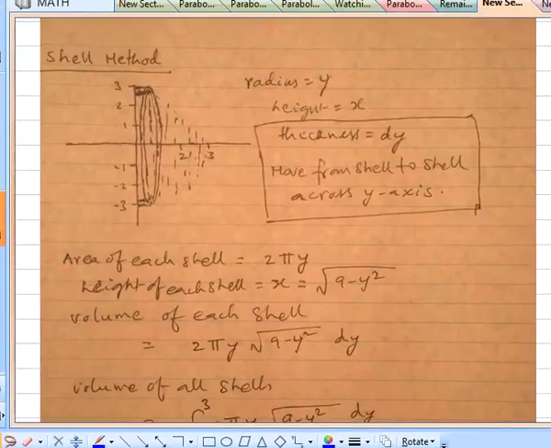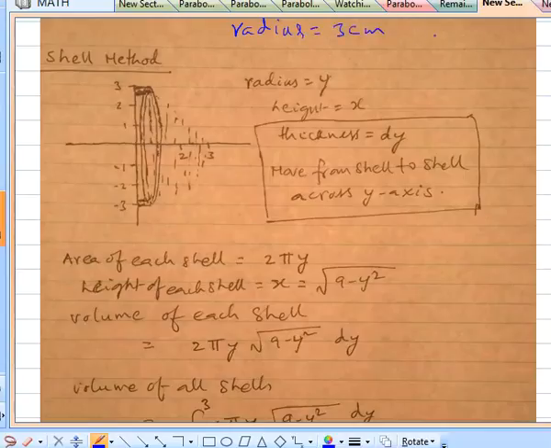Okay, our cooking show is done. So let's get to the math. So if you had seen my video on the disc method, I said the radius of the apple was roughly around 3 centimeters.